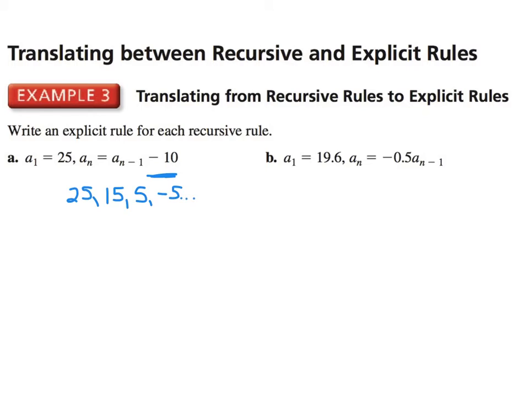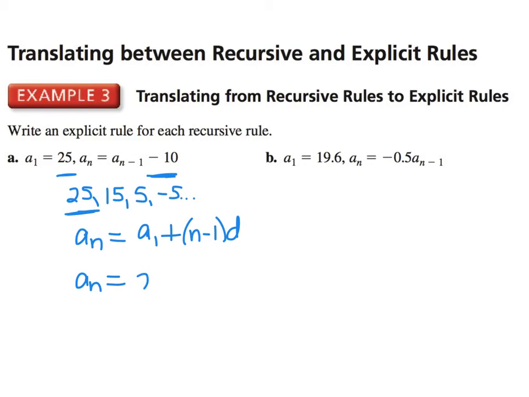So remember, our explicit equation is a sub n equals our first term plus n minus 1 times our common difference. Now, notice what I did here. I wrote this out, and you don't have to do it, but it will help you understand what you're doing here. What's our first term?